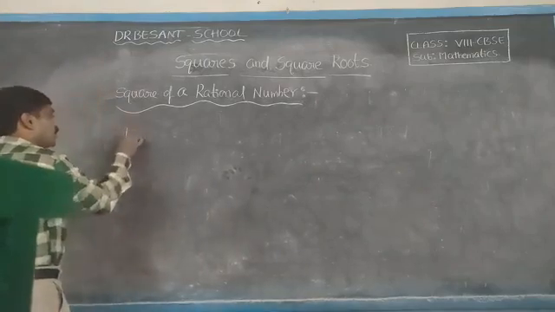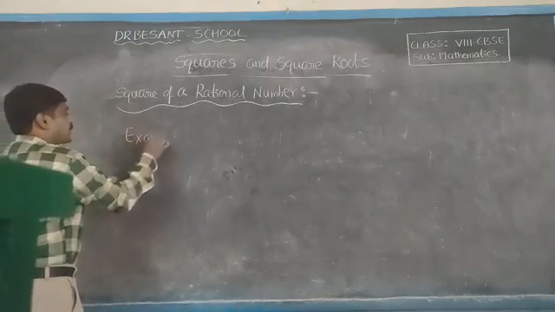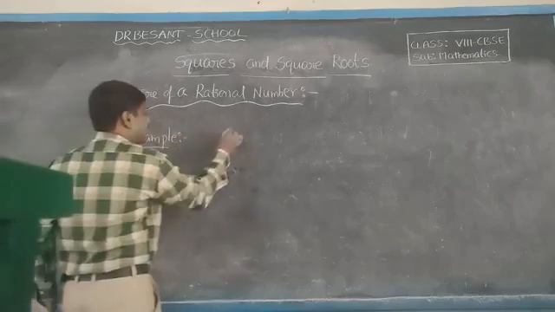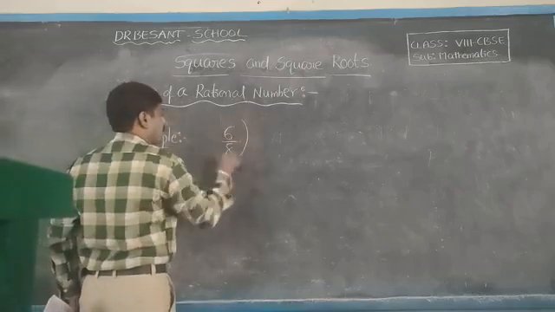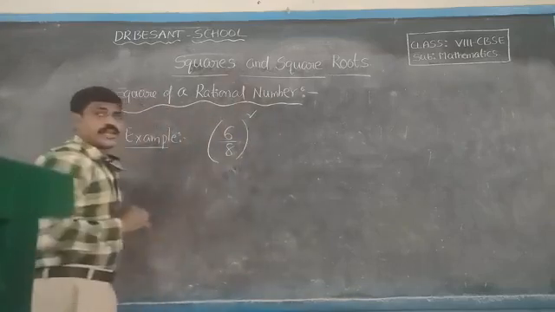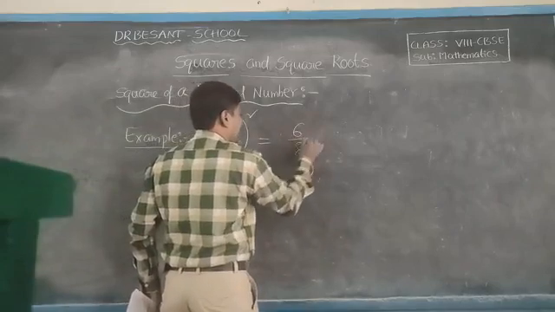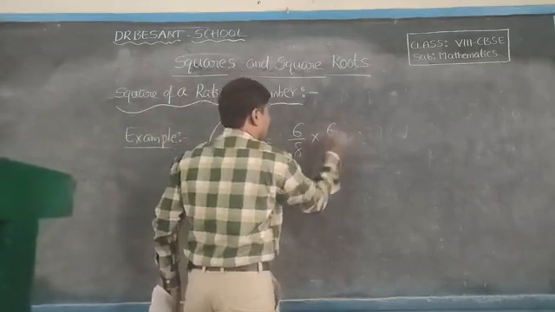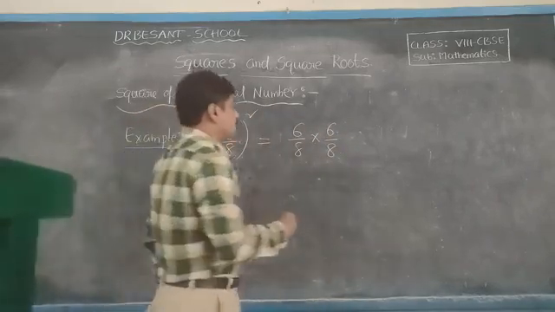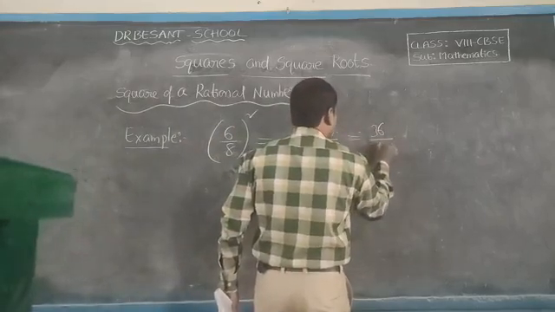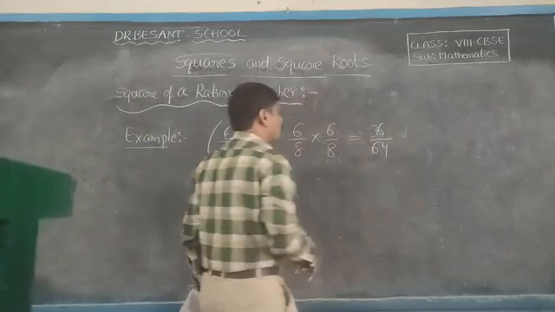Suppose for example, in textbook example it is 6 by 8 whole square. That means what? 6 by 8 into 6 by 8. 6 sixes are 36, 8 eights are 64.